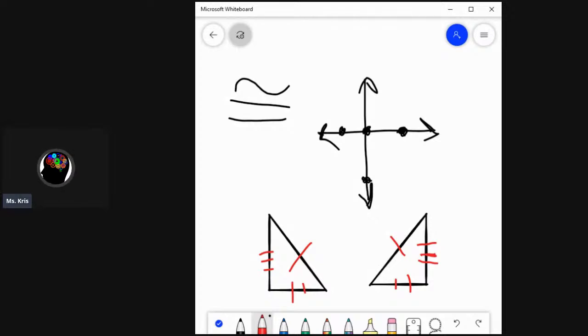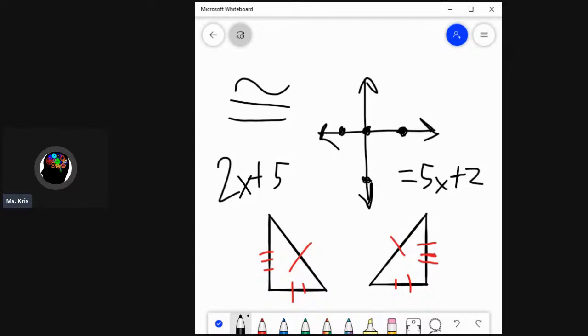So if you have a line segment where you're trying to solve for x, and say for instance one line segment is 2x plus 5 and it's congruent to 5x plus 2, and it asks you to solve for x, all you're saying is 2x plus 5 is going to equal 5x plus 2, and solve for it. Any questions on congruency?